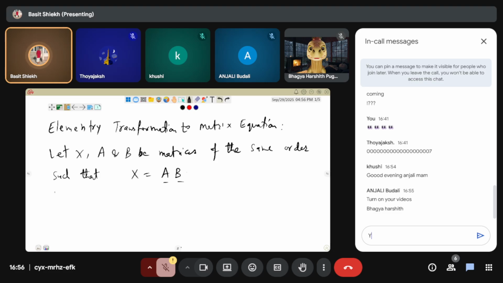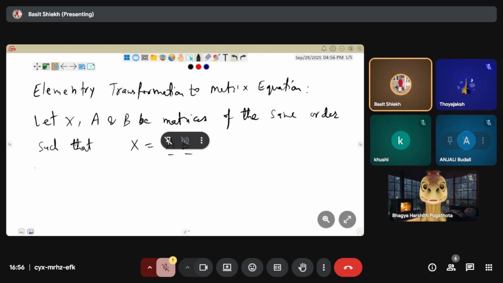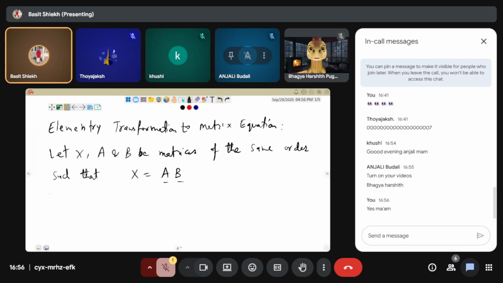Now we can easily apply a sequence of elementary column operations or a sequence of elementary row operations. Once we do a row operation, then we will not apply column transformation. We will only apply row transformations until we get the answer.